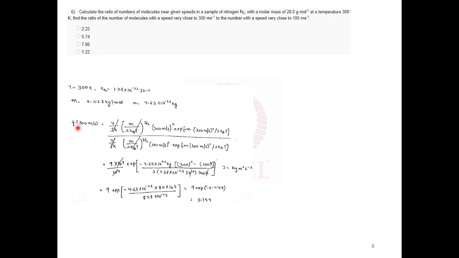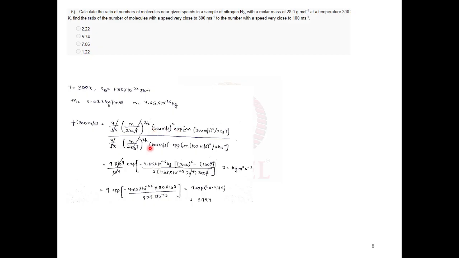the fraction of molecules, right? So 4 by root over pi into m by 2 kbT to the power 3 by 2. So both denominator and numerator are same, only the velocity is different. So if you see 300 and 100, meters square and 100 square, right? So 9 into 10 to the power 2 means 10 to the power 4.